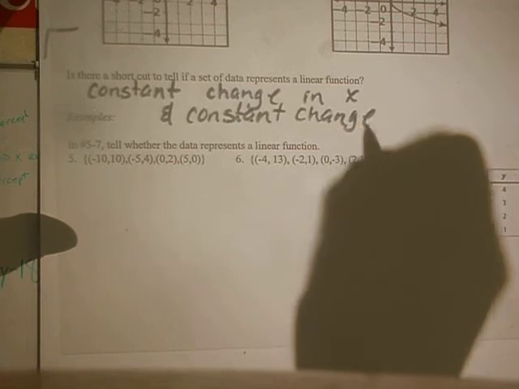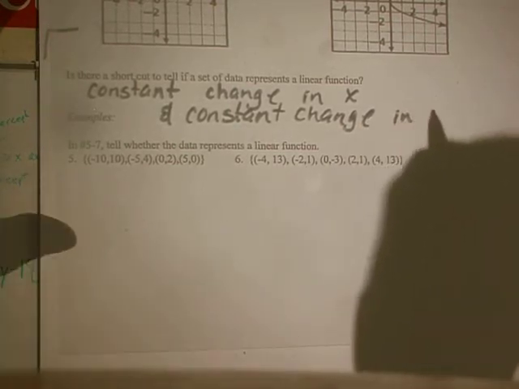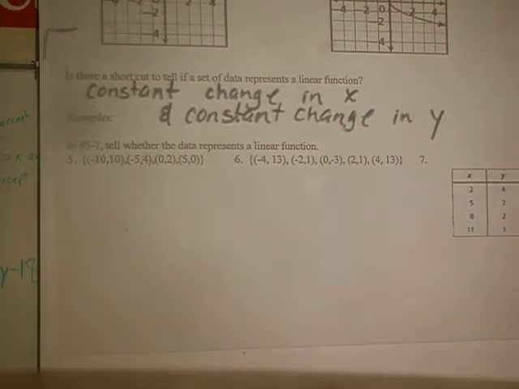So the difference in all of your x's needs to be the same. The difference in all of your y's needs to be the same. The change in your x is not the same as the change in your y. Your x's might change by 5, your y's might change by 2.